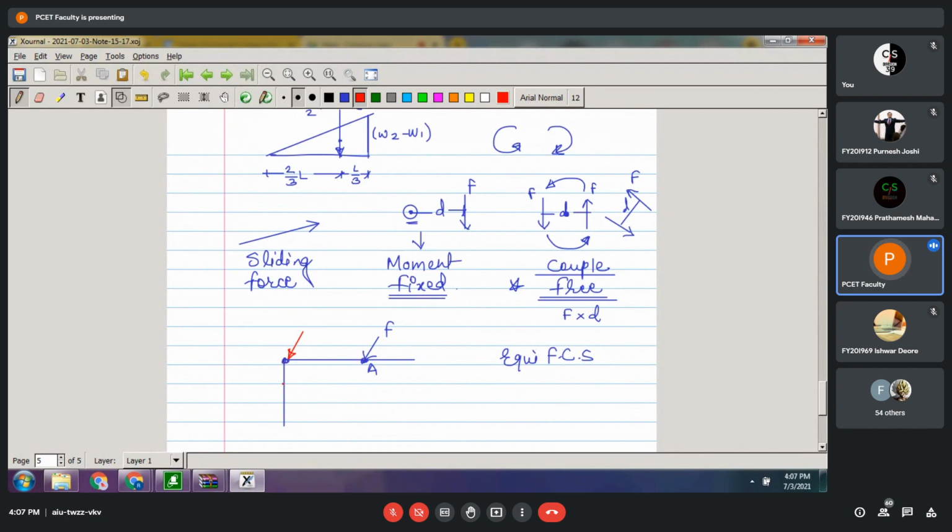So obviously it will give clockwise rotation. This force will be as it is F, and this will be the moment of force taken about this point B. If I take this as D, it means the perpendicular distance between my two forces is D. Is it clear?